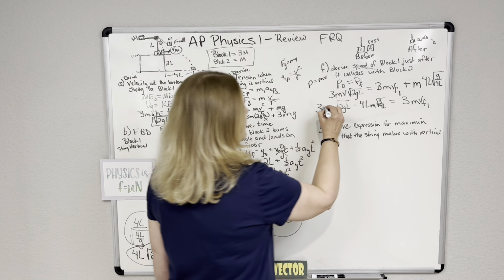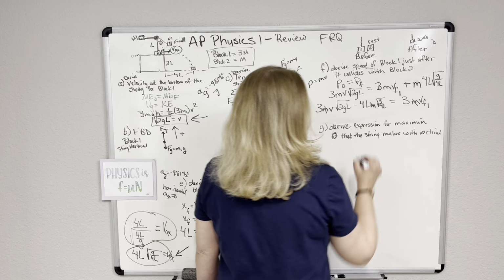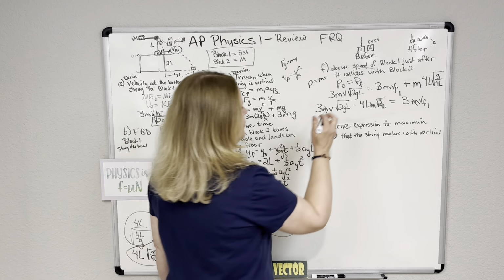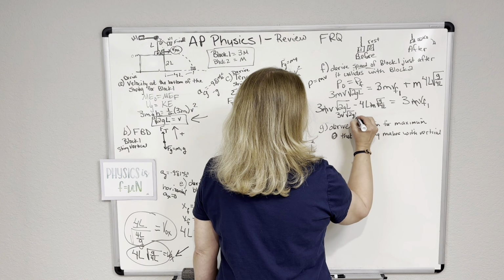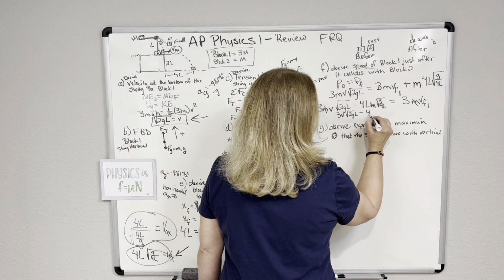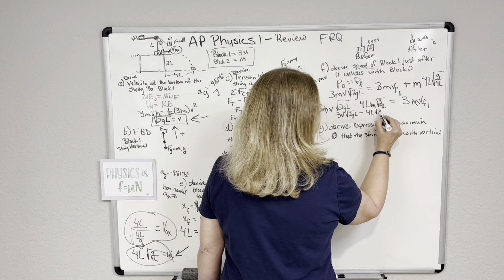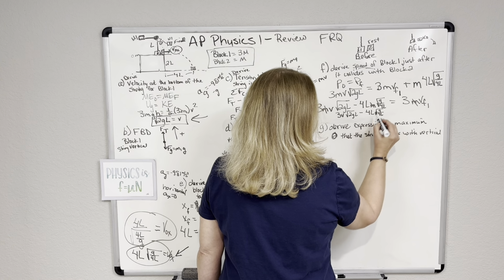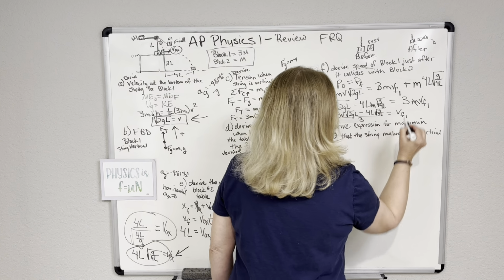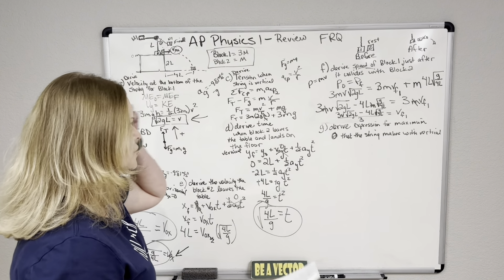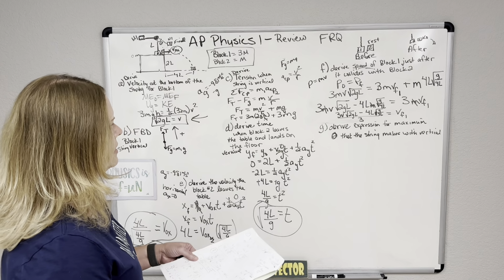Everybody brought mass to the party, I'm loving that. And I am going to have 3 square root of 2GL minus 4L square root of G over 4L, divided by 3, equals V final 1. Let me just make sure that is correct.